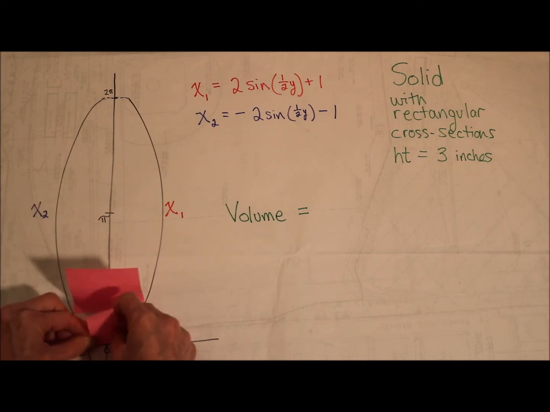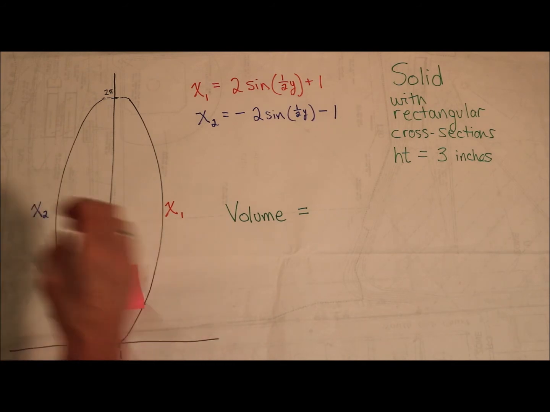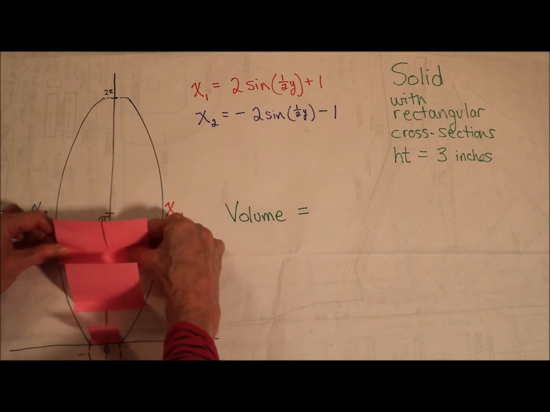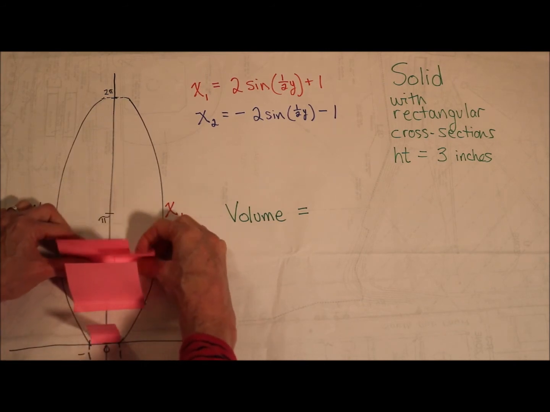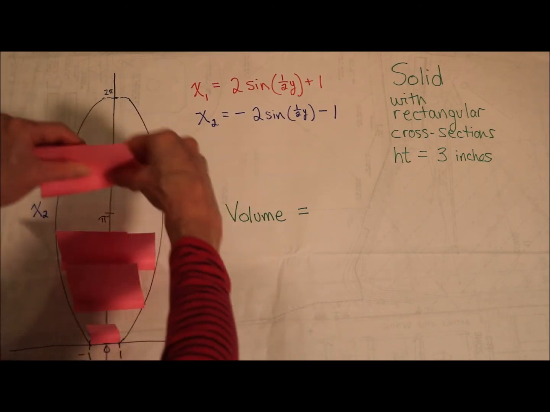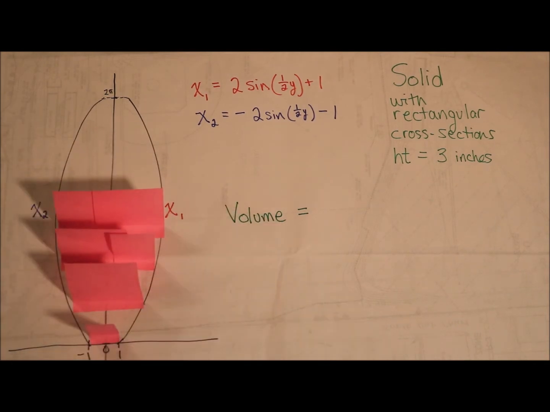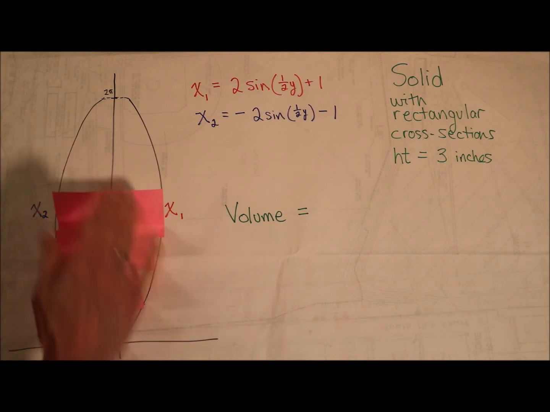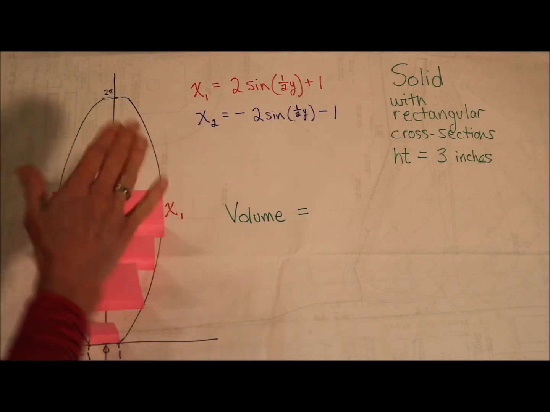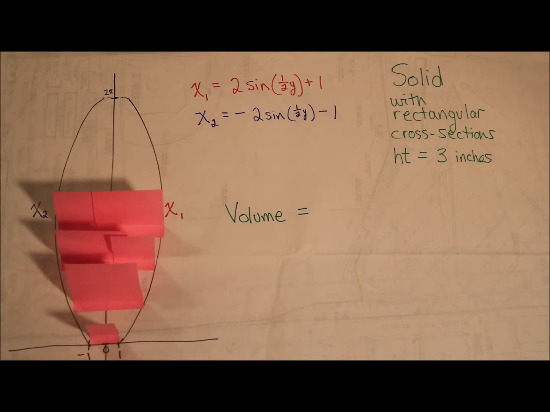So, boom, boom, made some nice rectangles here with my sticky notes. Okay, so I have different widths of rectangles, and the height of each rectangular slice is 3 inches.